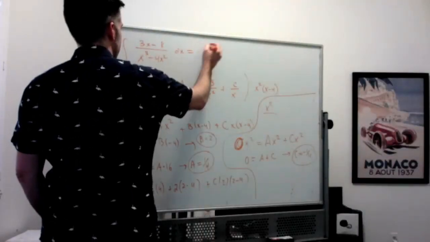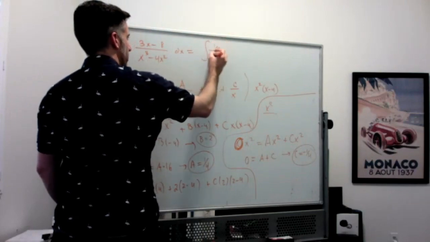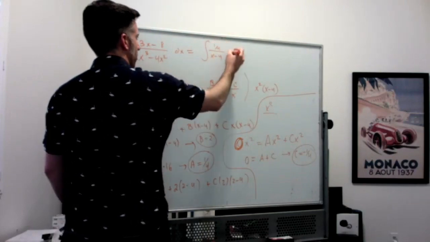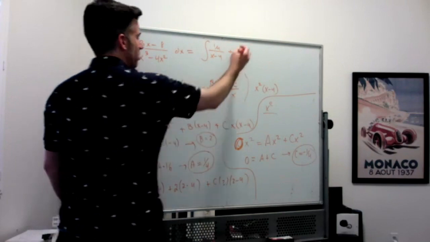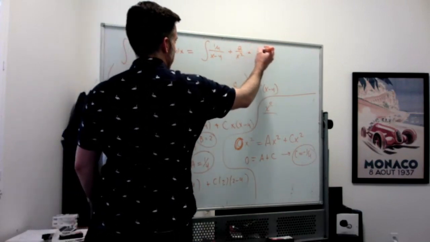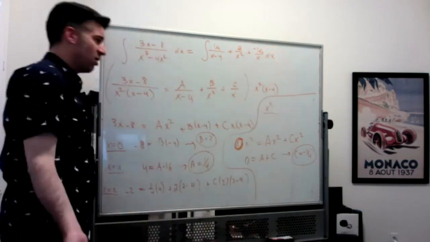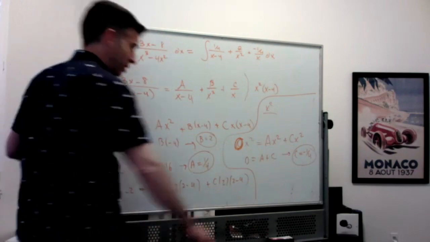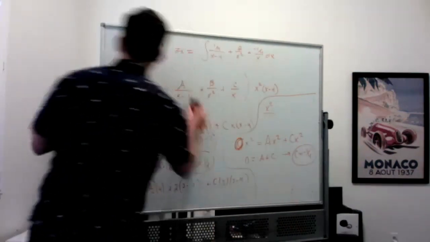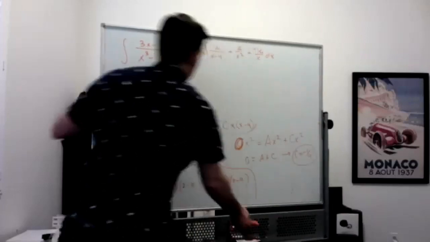So then this is equal to the integral of 1/4 over x minus 4 plus b, which is 2 over x squared plus -1/4 over x. And those are all things that are not too terrible to integrate. Let's see.